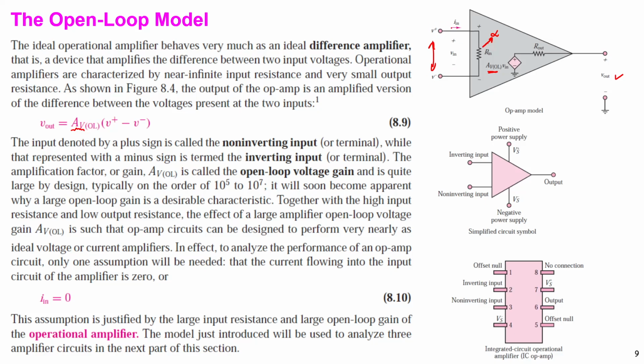When we supply V positive to the positive pin and negative to the negative pin, we call the positive pin the non-inverting input, and the negative pin we call the inverting input. The plus sign is the non-inverting input, and the minus side we call the inverting input.